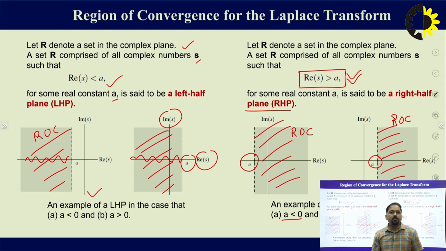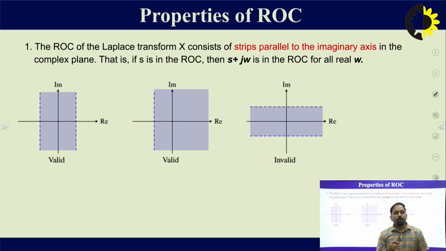After this we want to see some properties of region of convergence. These properties are helpful in deciding what is the correct region of convergence. Here we'll see which region of convergence is valid and which is invalid.